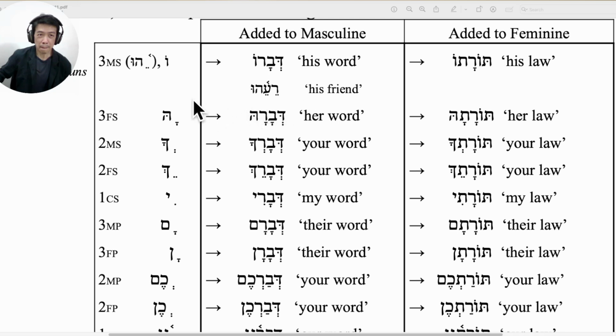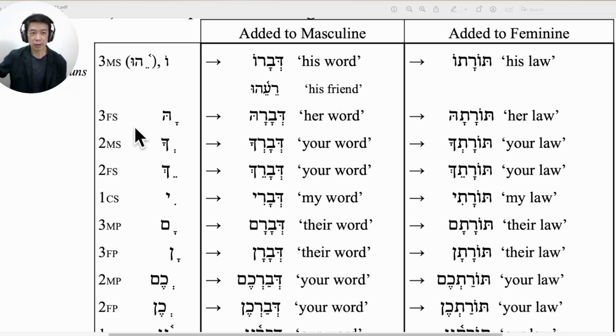For the third person masculine singular, a hey or a vav is added to the end of the word. So, for instance, his word becomes Devaro. For a feminine word like law, it becomes Torato.